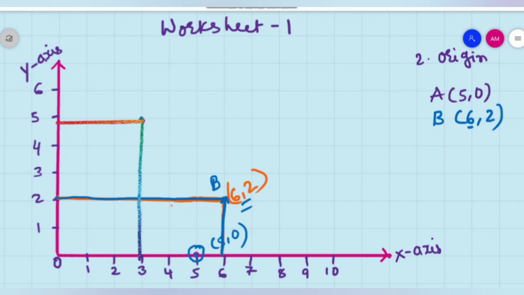So see, 3 and 5. If you have a point here, suppose it is P, you can locate the position. See, 3, 5 is the position. First you will write the position on 3, the point 3 on the x-axis, and 5 on the y-axis. So this is 3, 5. P is 3, 5. Like this you can plot or you can locate.